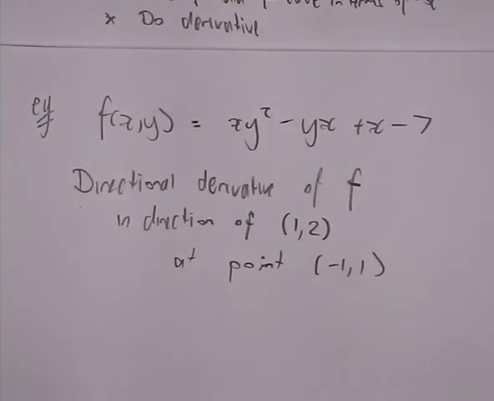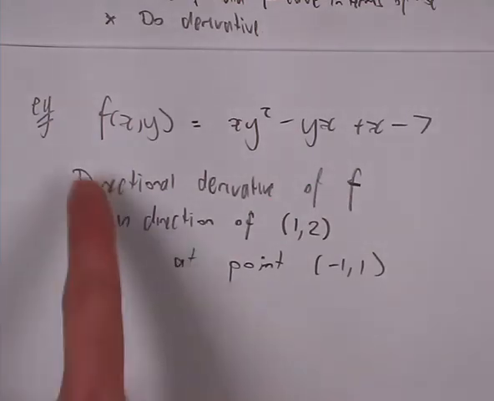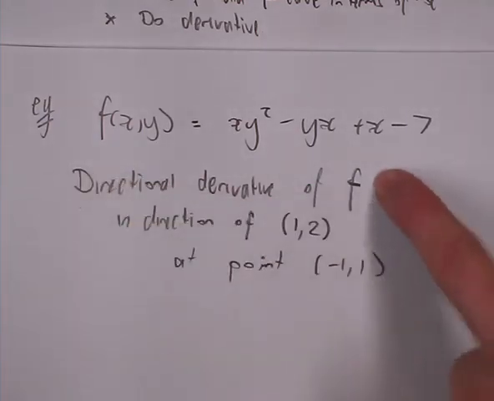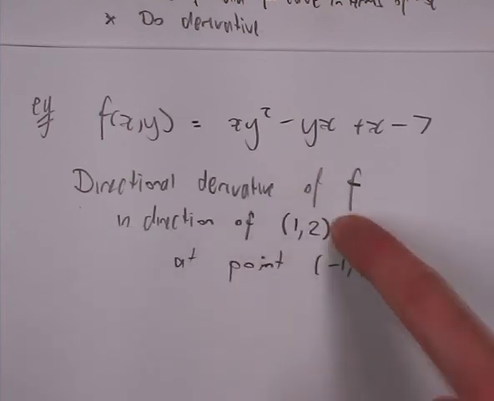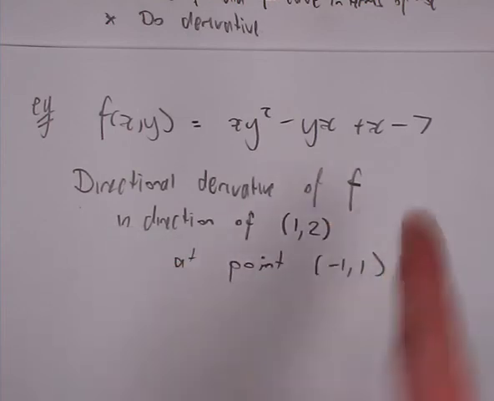So there's 3 pieces of information here. There's a directional derivative of the function f in the direction of that vector at a point, at this point. So bird's eye view, we find the point minus 1, 1. From that point, we go in the direction of 1, 2, and that marks out our new x-axis.